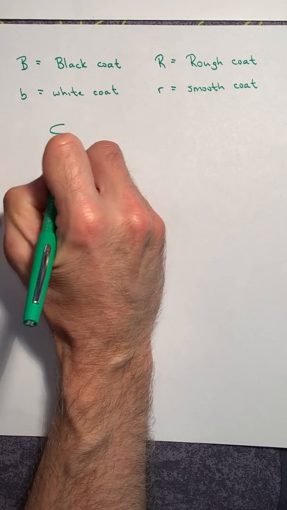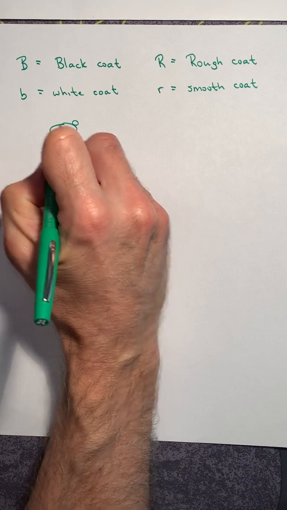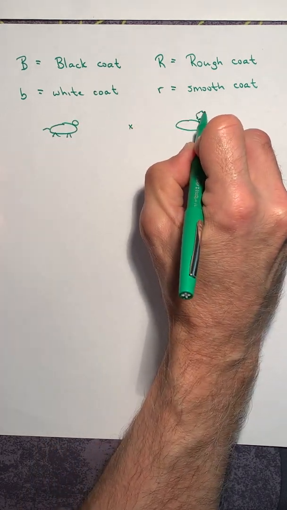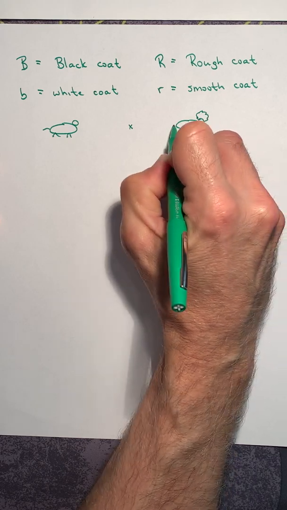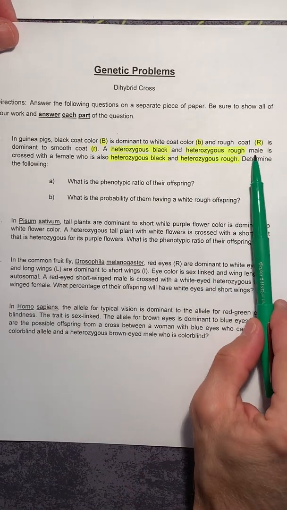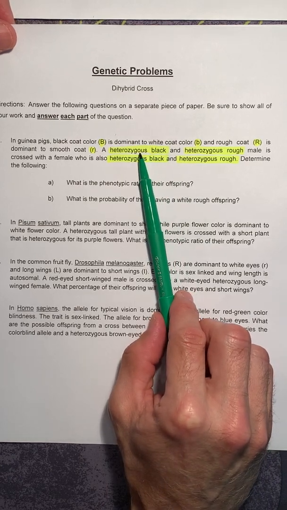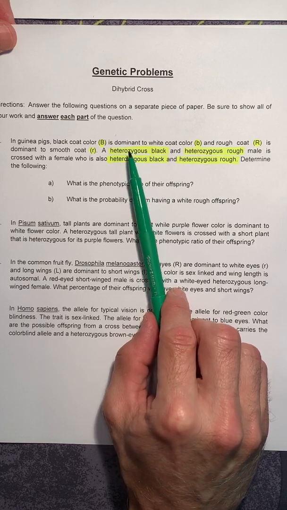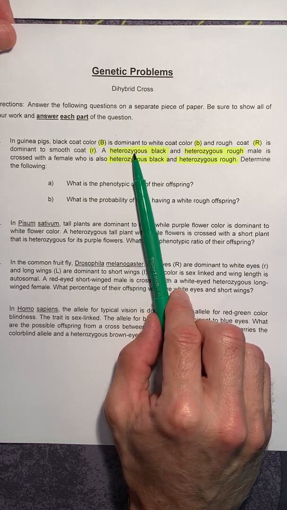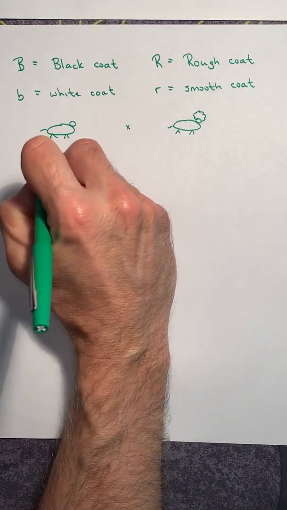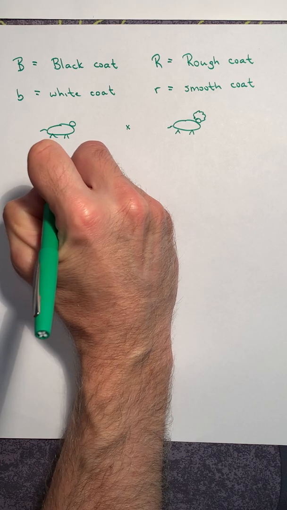And we draw our parents, we draw our cross, right? So draw yourself a guinea pig. There's the male. And here's the female. I can't wait to see your drawings of your guinea pigs. And so the problem tells us, let's take a look at the male first. The problem tells us that the male is heterozygous black and heterozygous rough. So if he's heterozygous, that means his alleles are different. He has one dominant and one recessive. So if he is heterozygous black, he is big B, little b.